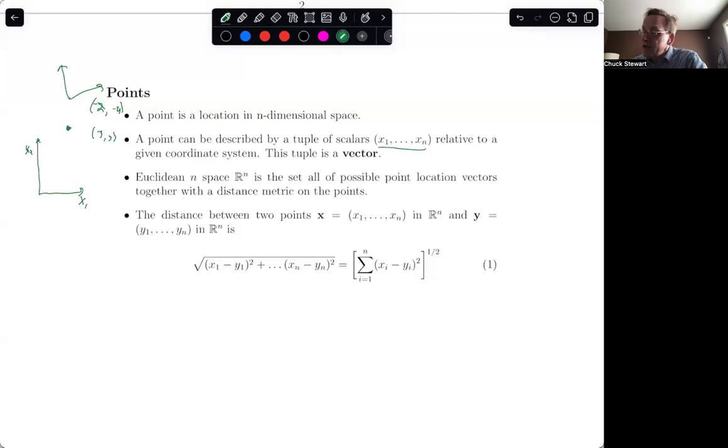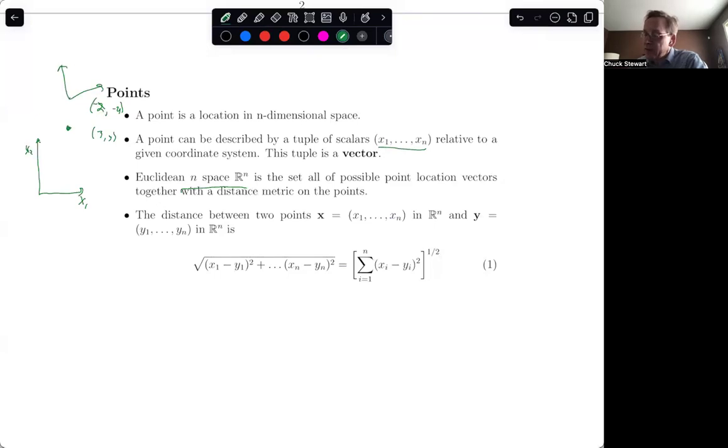So the Euclidean n-space, Rn, is the set of all possible point locations together with the distance metric on the points. And the distance between two points in Rn, given a particular coordinate system, is the difference in each individual coordinate squared, summed, and taking the square root.